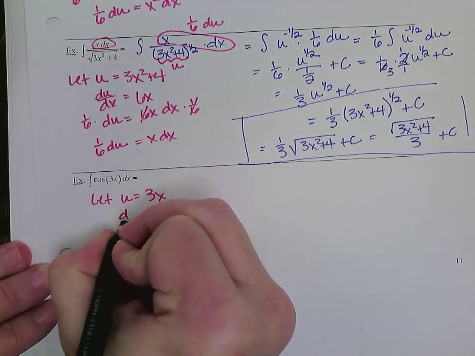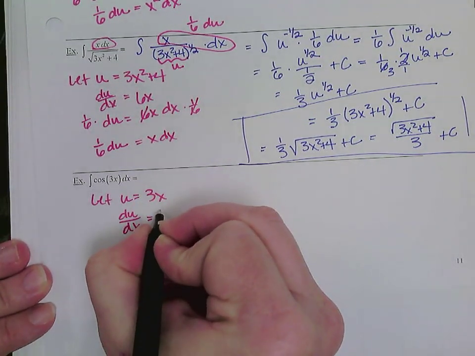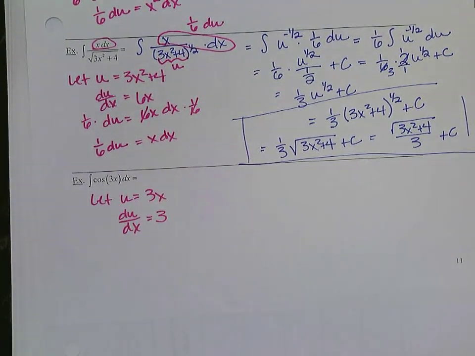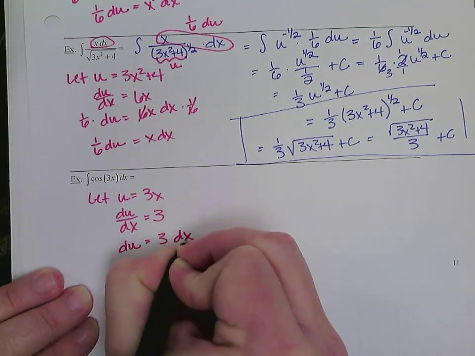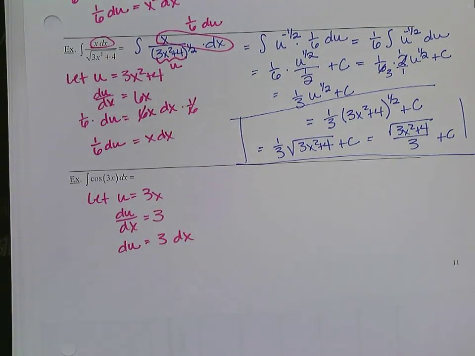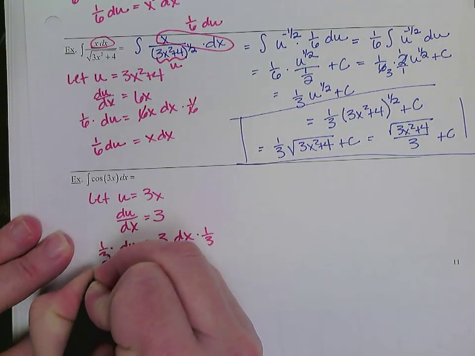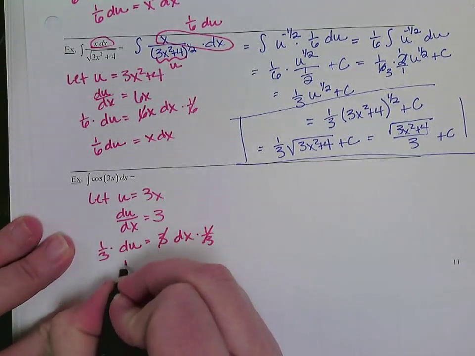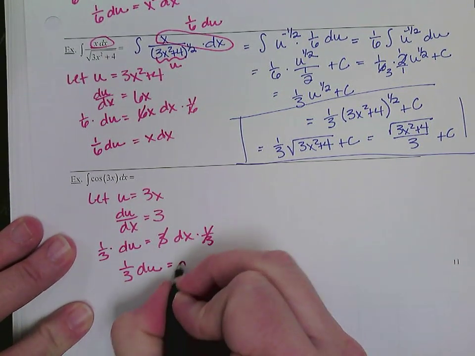So then du dx was just 3. So then du was 3 dx. Well, we don't need the 3. But if we multiply by 1/3, we can get rid of the 3. So 1/3 du equals dx.